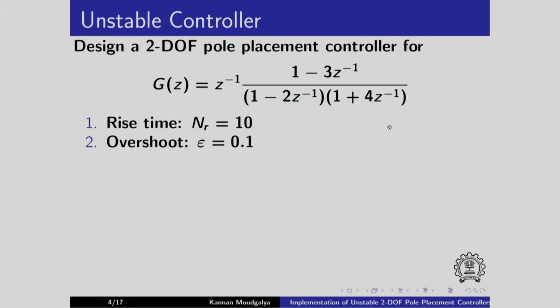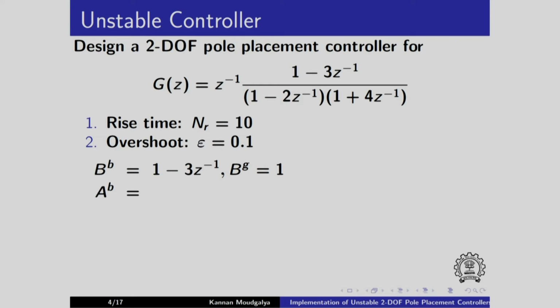So I have cooked up an example to illustrate this. Here is the plant. The rise time is 10 samples, overshoot is 0.1, epsilon is 0.1, and you find that BB to be this whole thing 1 minus 3Z inverse, and BG is of course 1. What about the denominator?